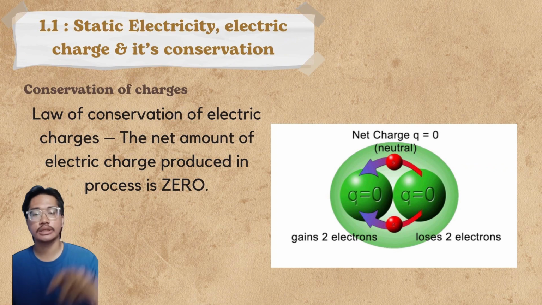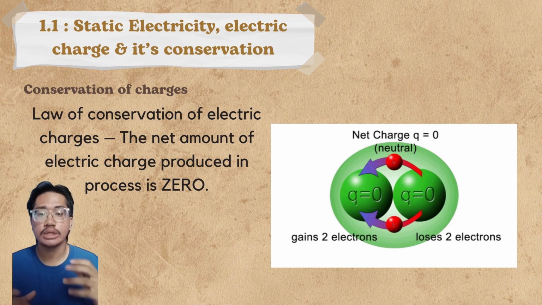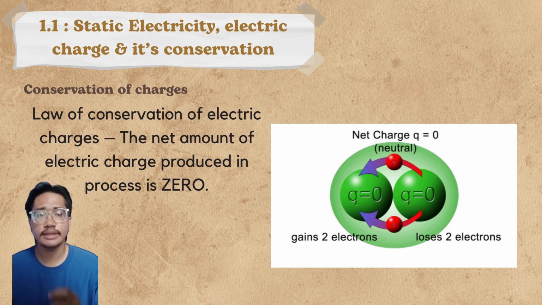As we can see in the picture, when objects come into contact, electrons can move from one object to another, causing one object to become positively charged, that is losing electrons, and the other negatively charged, that is gaining electrons.